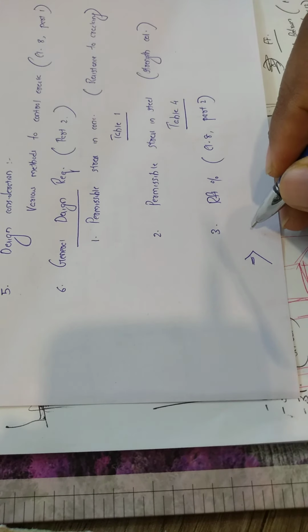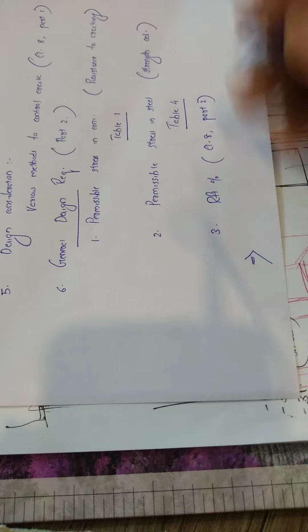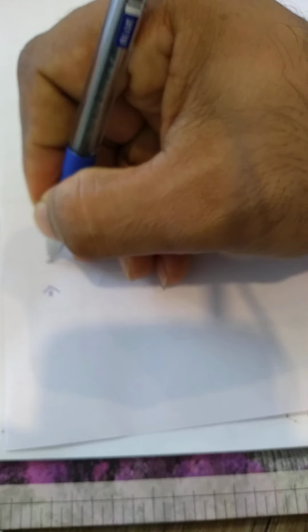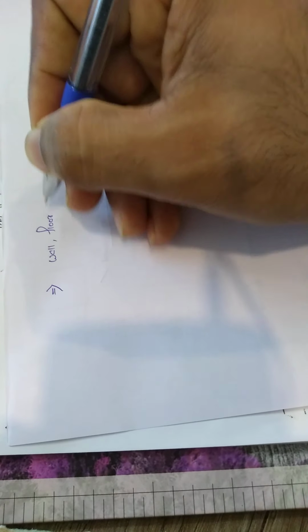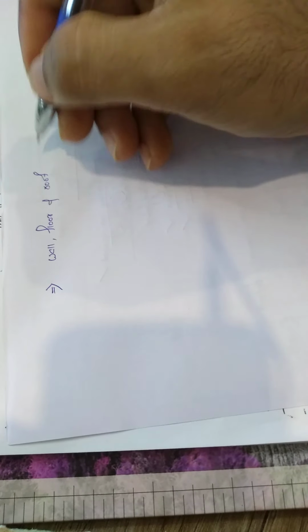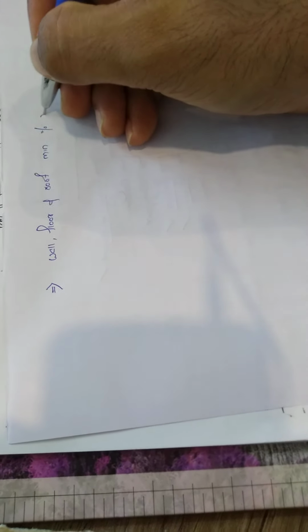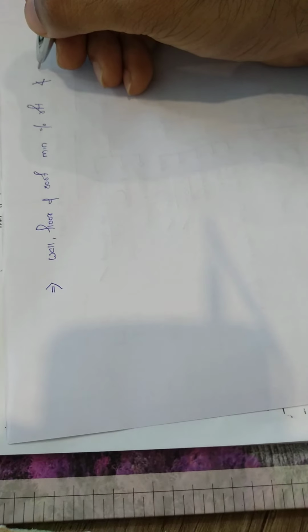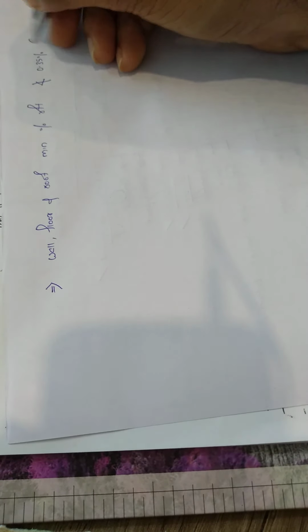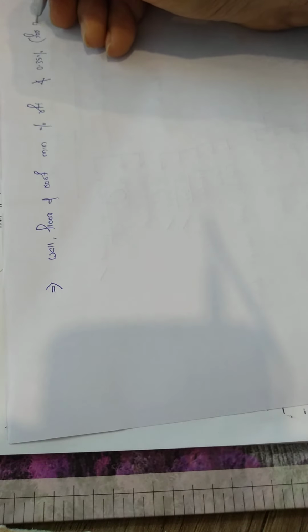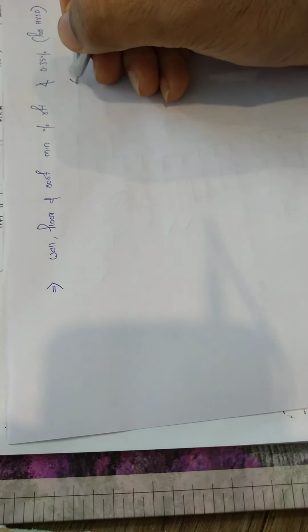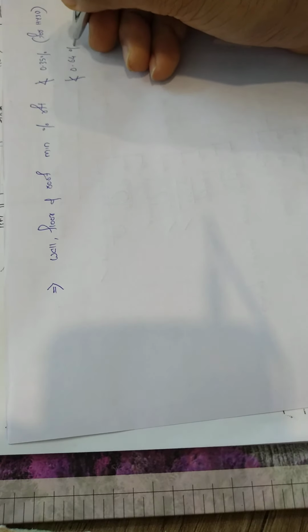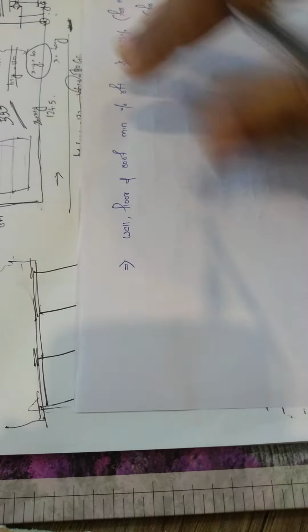In case of wall, floor and roof, in each of the two directions, the minimum percentage reinforcement shall not be less than 0.35% for HYSD bars, and shall not be less than 0.64% for mild steel.